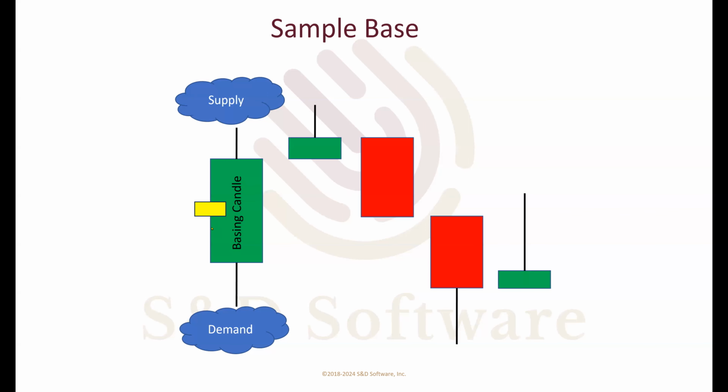If you tell it to, the tool will also mark all basing candles, even if they are nested. However, that's generally not terribly useful. It's good for learning what a basing candle is, but for actual trading, we don't want the nested basing candles. We'll talk a little bit more about that later.